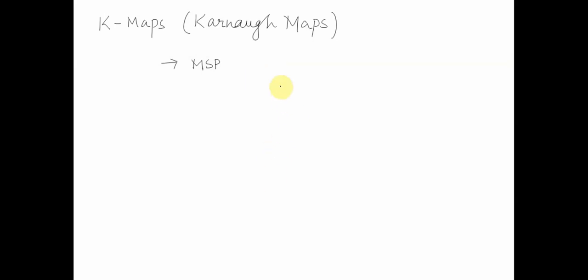A sum of products is something like ABC plus DEF plus GHI. Our aim over here would be to have a minimal number of product terms, and each product having a minimal number of literals. So we want to minimize the number of terms of our operation, and the second aim is to minimize the number of literals in each expression.